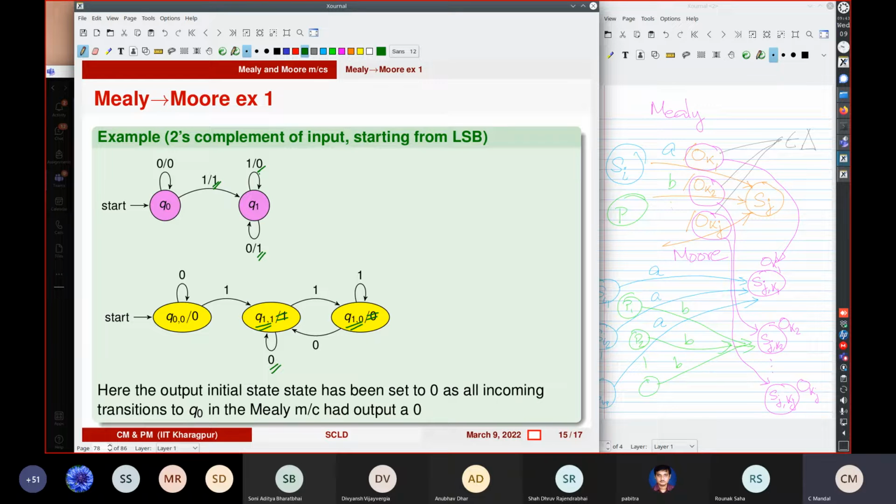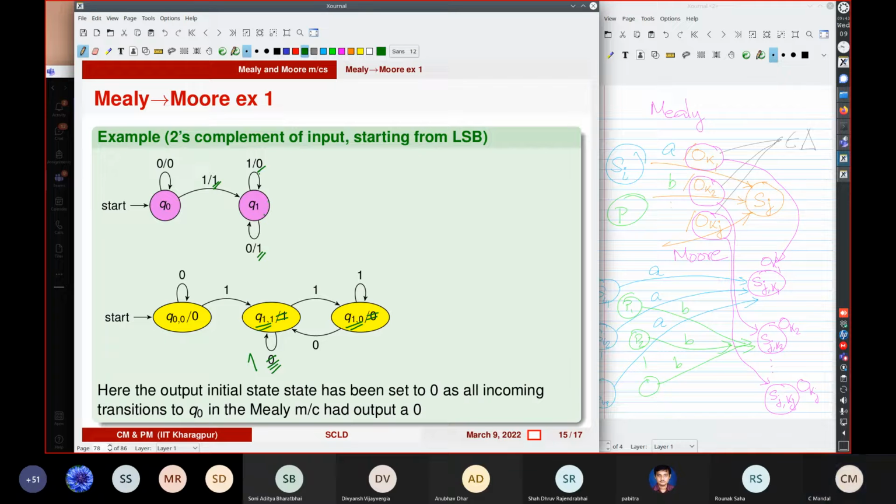Because I'm coming from Q0 to Q1 on input 1, giving an output of 1. So when I make a transition from Q0 to the appropriate copy of Q1, I should have the output 1. I'm getting input 1, so in this state the output should be 1. Okay, not 0. The output should be 1. All right.